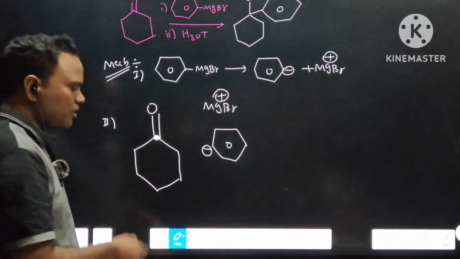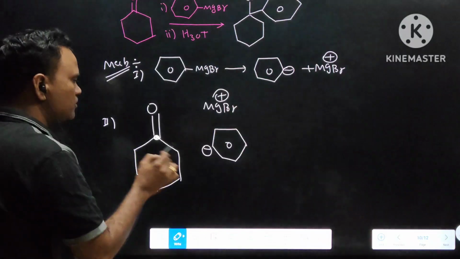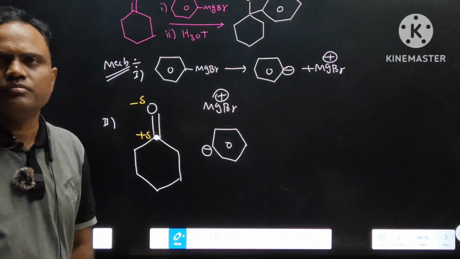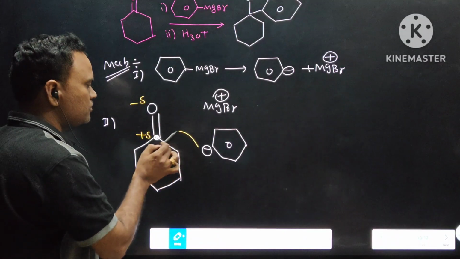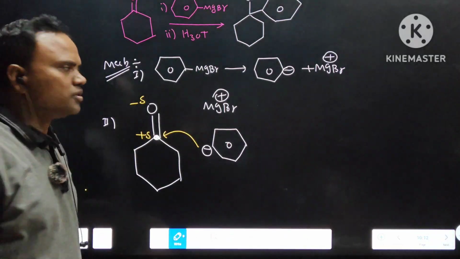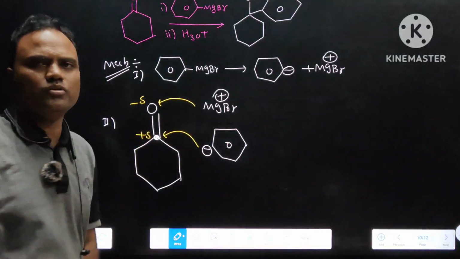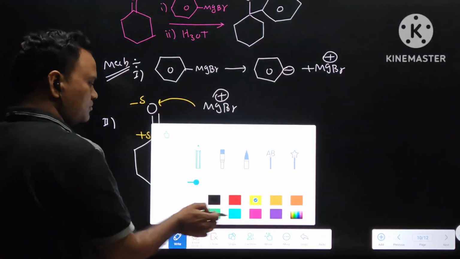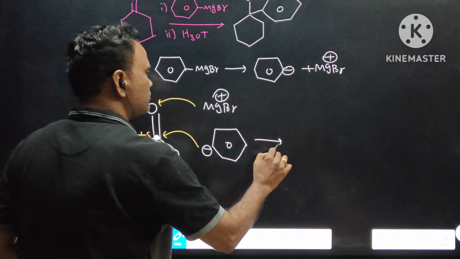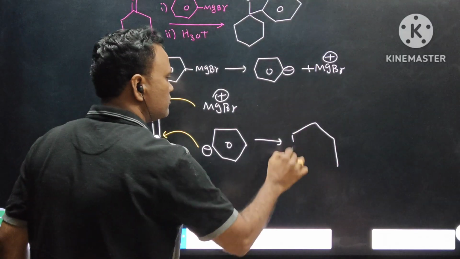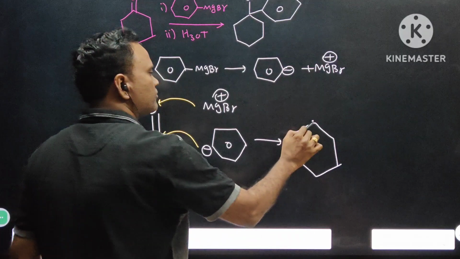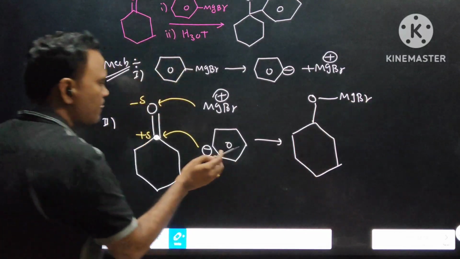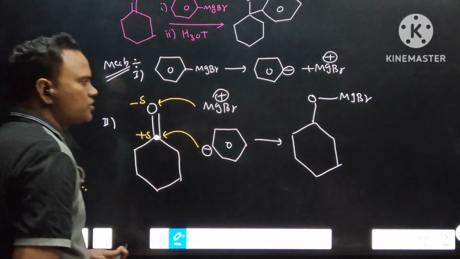This dot means the carbonyl carbon will have a positive charge, oxygen is having negative. Negative positive, negative positive. Okay, O MgBr. Here the phenyl ring will attach.